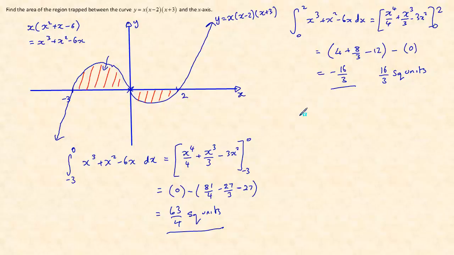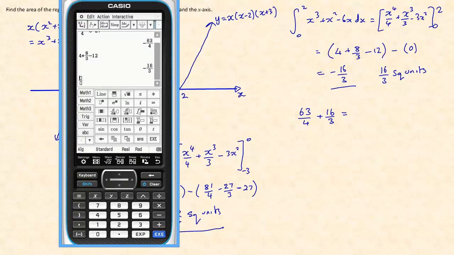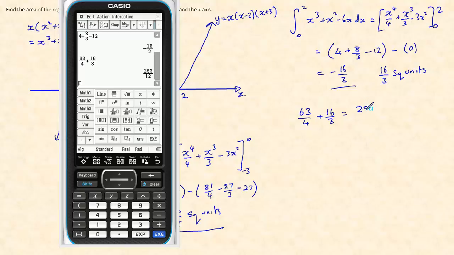So to get the total red area, all we need to now do is 63 over 4, add 16 over 3. So again, we'll just do that on the calculator. So we've got 63 quarters, and we're adding 16 thirds. So that's 253 over 12 square units.